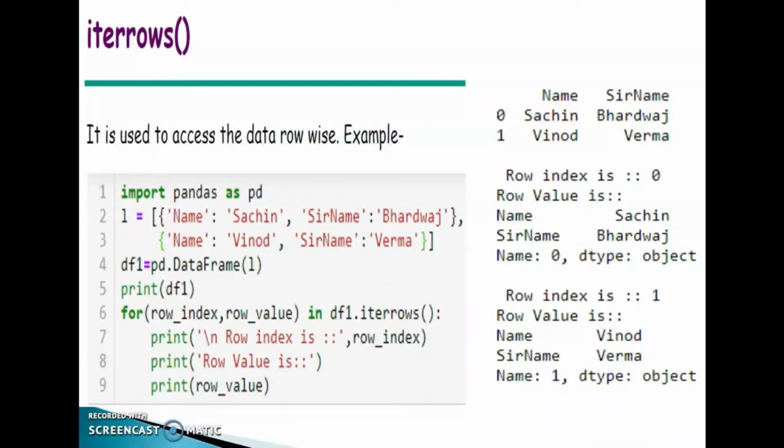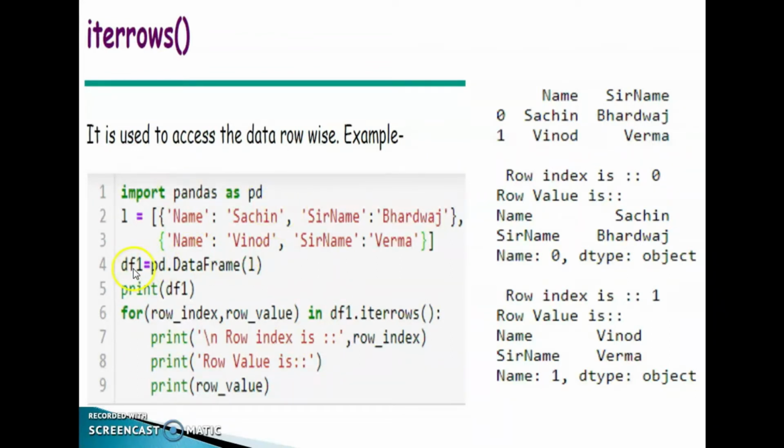Consider this example. Import pandas as pd. L is equal to name Sachin, surname Bharadwaj, name Vinod, surname Verma. This is a list. Inside this list we use dictionaries, that is key value pairs. We already discussed this list and dictionaries.